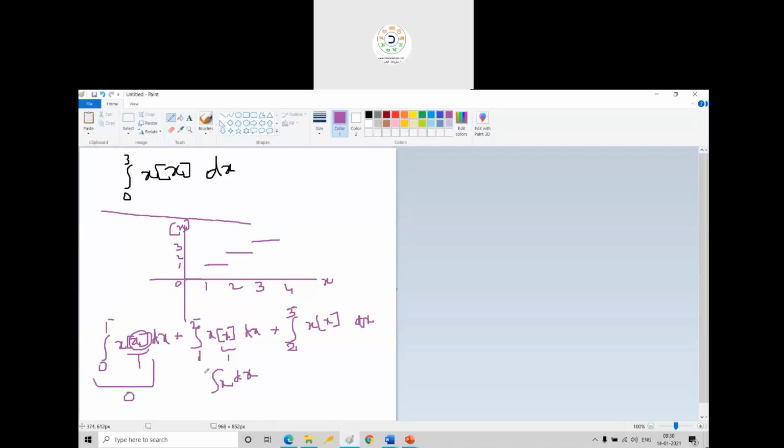So this is happening between 1 and 2 minus. And the same way here, see what happens from 2 to 3 minus. Then this step x, see what it is: the step x value between 2 and up to a little left of 3 is 2, so we will write 2 here, so let me write dx.